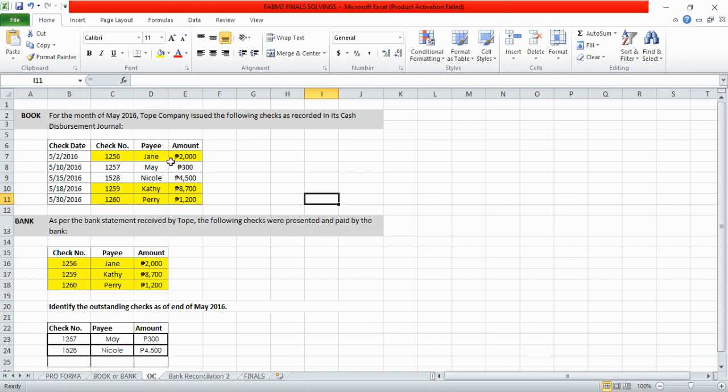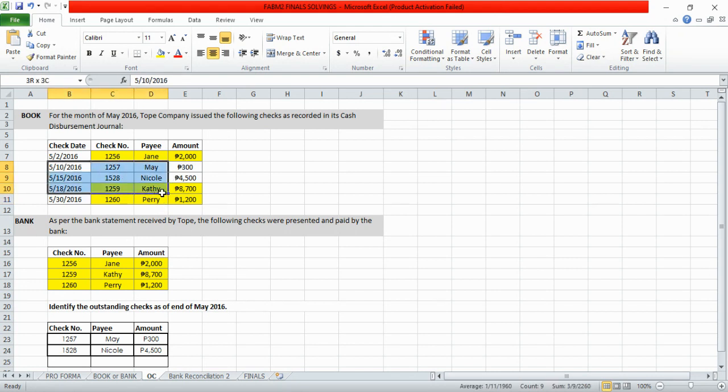The payee's name is Jane, and the amount is 2,000 pesos, on May 2nd. Next, we have the rest of the check numbers: 1257, 1258, 1259, and 1260. For these, we have Jane, May, Nicole, Kathy, and Perry as our payees, and the amounts are also given.